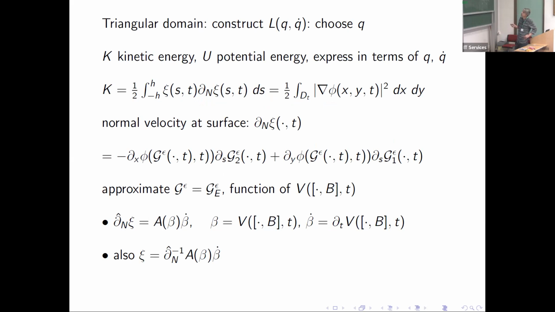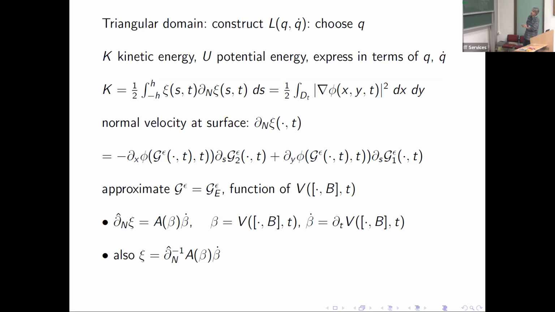Diffeomorphic choices of the coordinate give me the same Euler-Lagrange equation. So we have a little bit of freedom here because we also don't know what exactly is going to happen. But otherwise, we start with the physical kinetic and potential energy and try to express them in terms of Q, this variable, and its derivative.